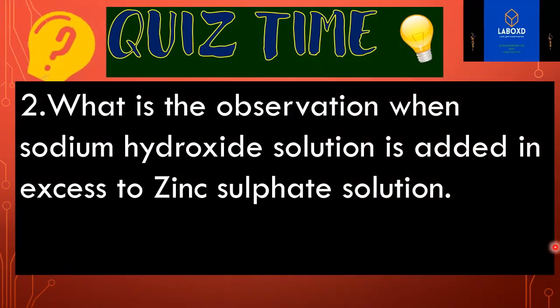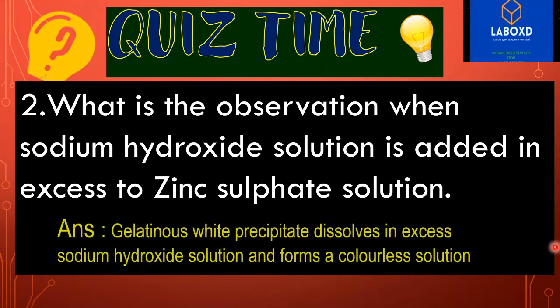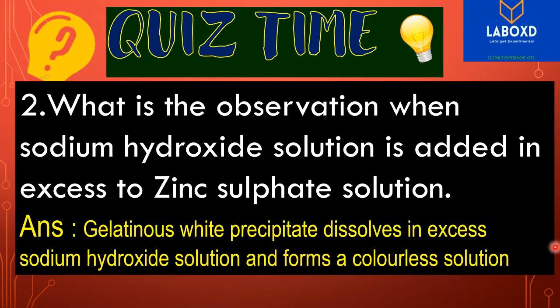Now, the second question is: what is the observation when sodium hydroxide solution is added in excess to zinc sulfate solution? I hope you got the answer. The answer is a gelatinous white precipitate dissolves in excess sodium hydroxide solution and forms a colorless solution.